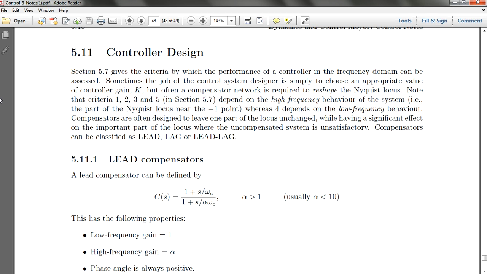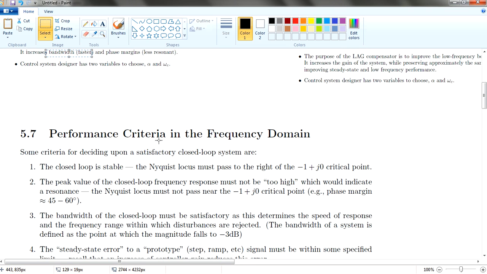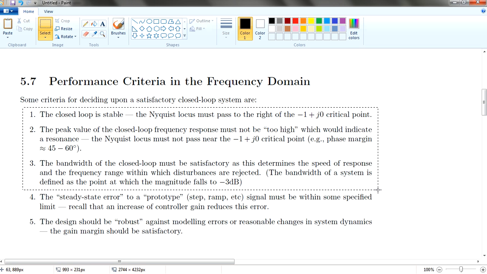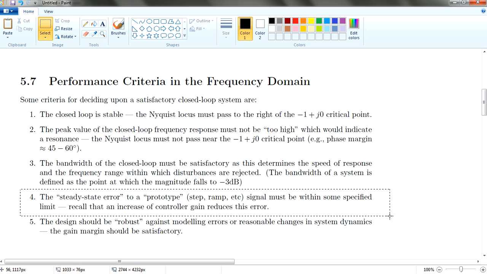This topic will be very linked to your performance criteria. If you remember these 5 points, for compensators, high frequency relates to points 1, 2, 3, and 5, and low frequency is point 4.